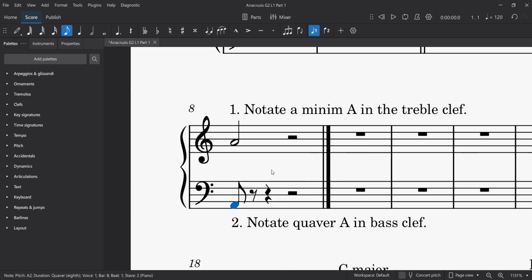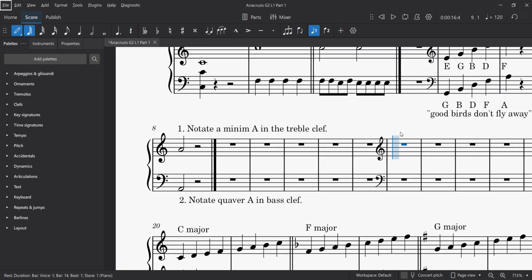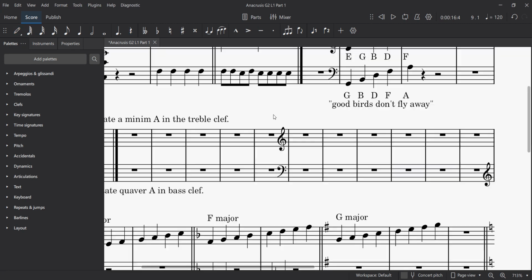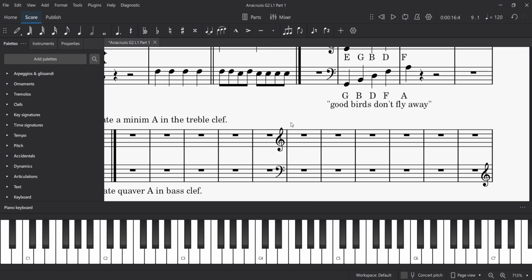Great, let's move on. Now you should be familiar with the ideas of sharps, flats, and naturals. The best way to visualize this is on a piano. The black keys correspond to the sharps or flats, and the whites are the naturals.